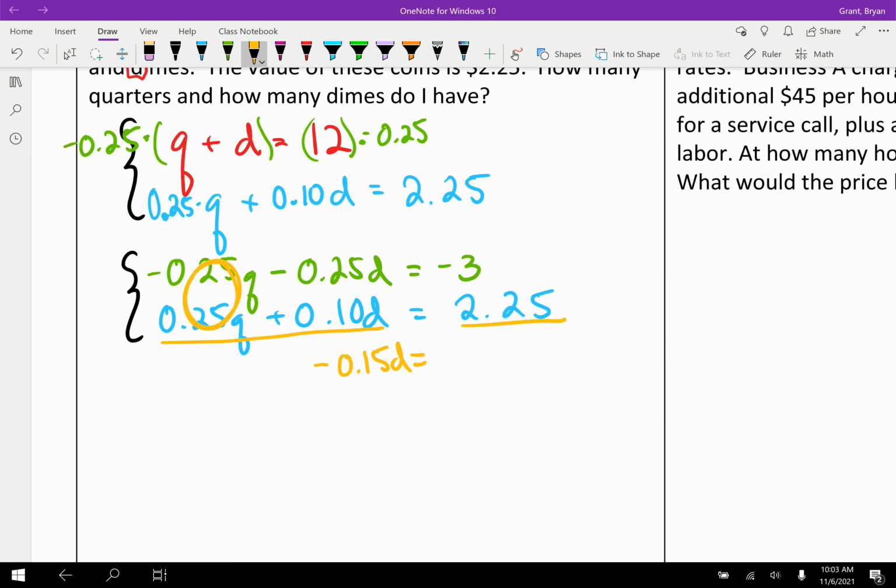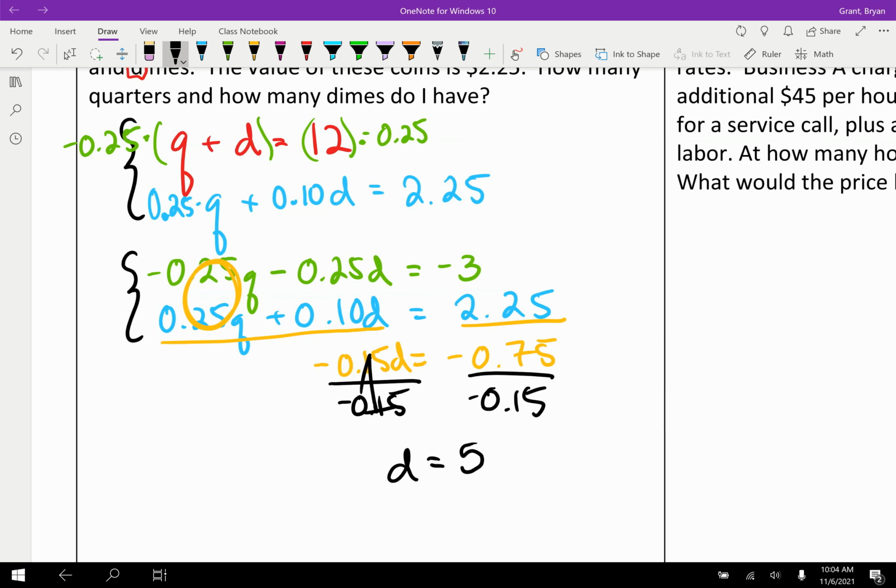And then if we put these together, I think this one will give us negative 0.75. All right. Well, to finish this off, we want to solve this equation by dividing by negative 0.15 on each side. And that tells us that our number of dimes, and you'll probably want a calculator for this one, or you could just start adding up 15s till you get to 75, will be 5.